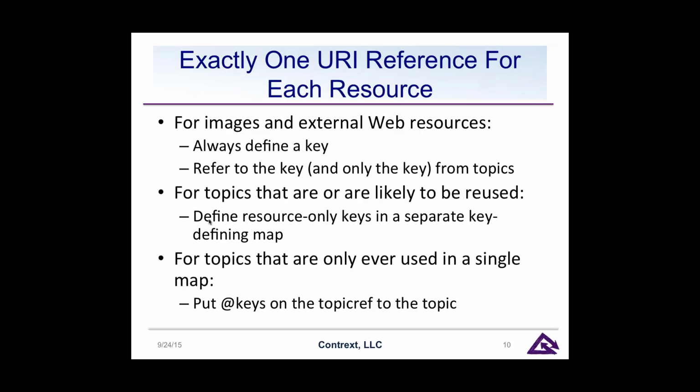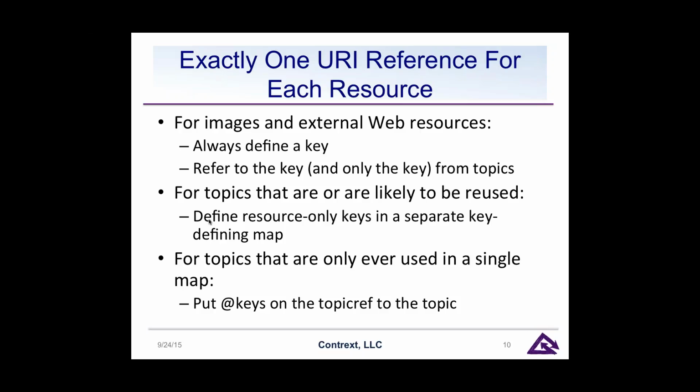When I first gave this presentation back at the DITA conference in April, I had presented my rule a little more dogmatically, and I said, for every topic you have a separate key def in that separate key defining map, and then you only reference those keys from your navigation structure. And a few people came up to me and they said, Elliot, that's silly, that's too much work. And I said, you're right. So I've moderated my position a little bit.